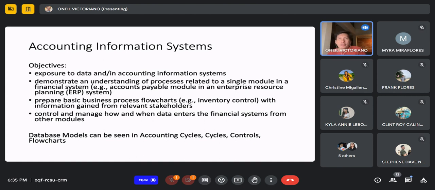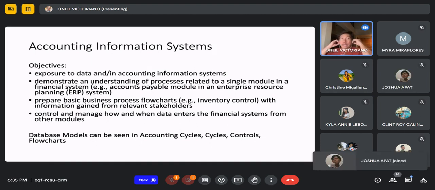Okay, sige. So the main objective for the exam is to be able to have exposure to data and accounting information systems, and to demonstrate and understand the processes related to single module in the financial systems. So to be able to understand different processes for the cycle is to be able to understand some ERP systems, and of course to be able to prepare basic flow charts with information from the stakeholders which is connected to different cycles, and to control and manage how and when data enters financial systems.